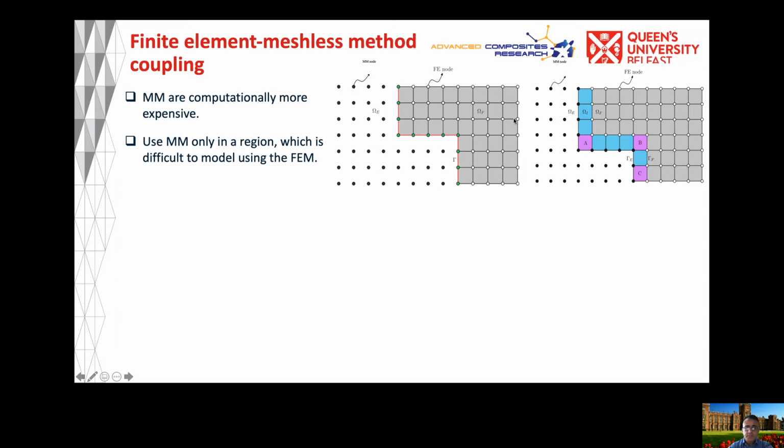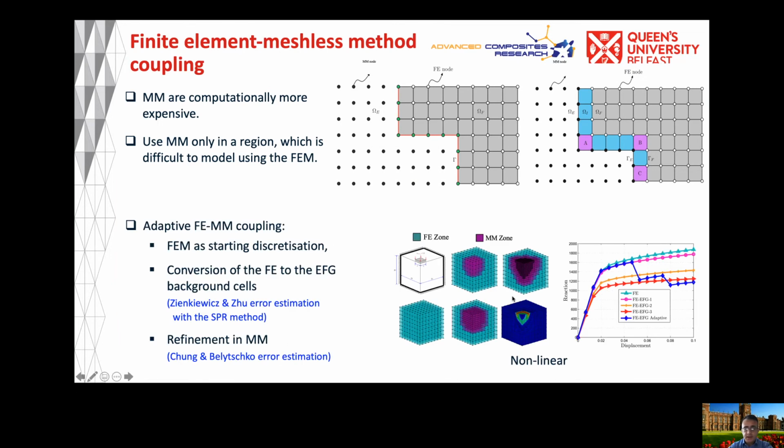But we need to properly couple both meshless and FEM, and therefore I developed a coupling strategy between meshless and finite element. As you can see in this figure, we developed a new coupling procedure, which is what we call adaptive finite element meshless method coupling.